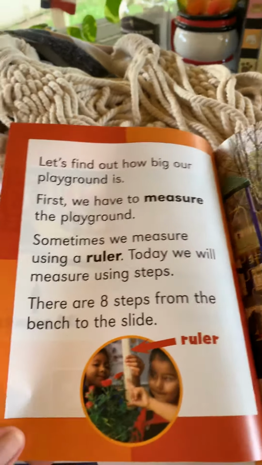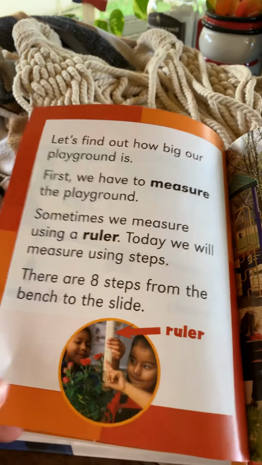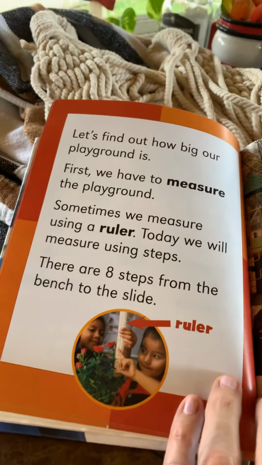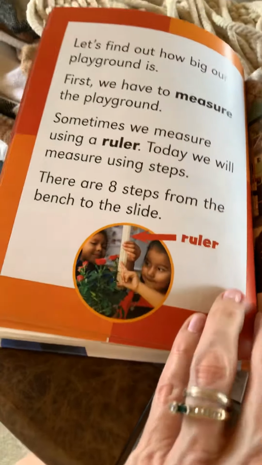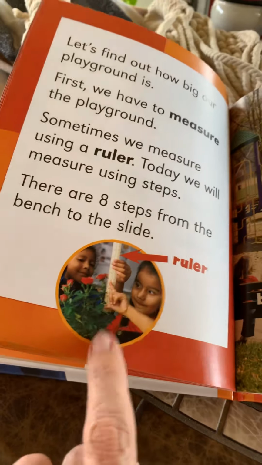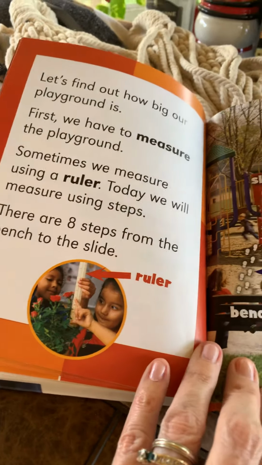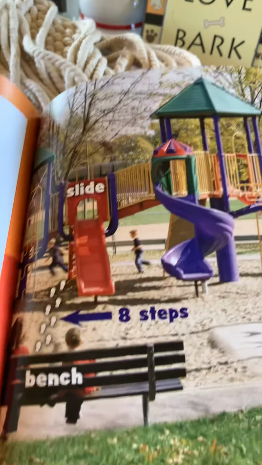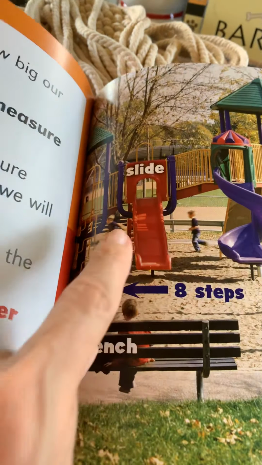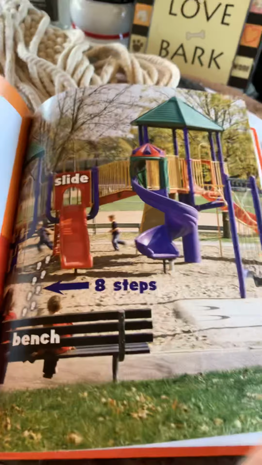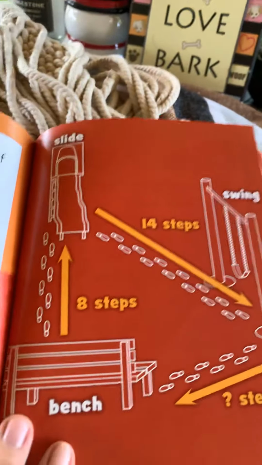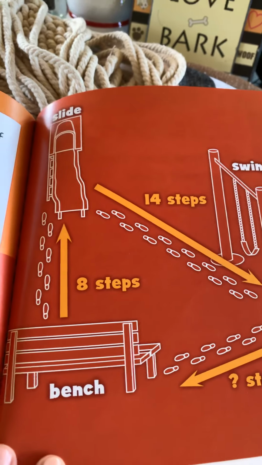Let's find out how big our playground is. First, we have to measure the playground. Sometimes we measure using a ruler. There's a ruler. And today we will measure using steps. There are 8 steps from the bench to the slide. We are going to use this diagram to help us measure.